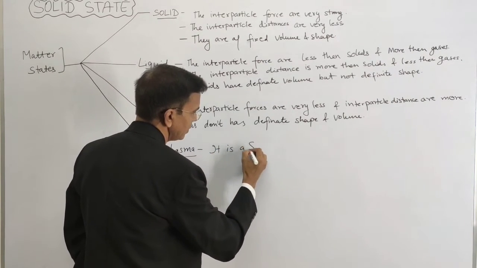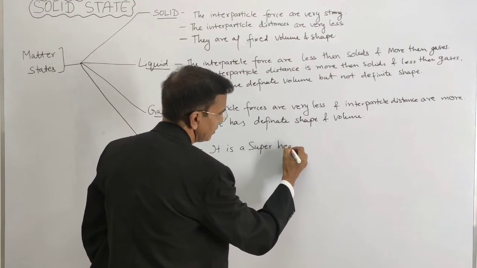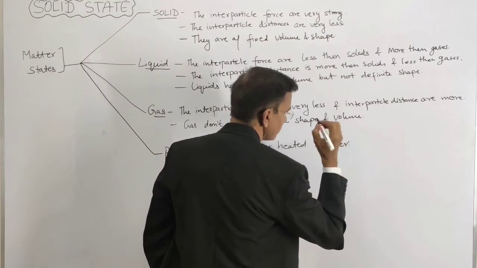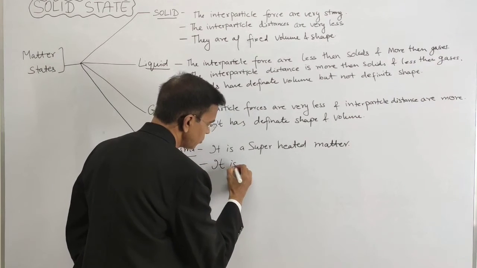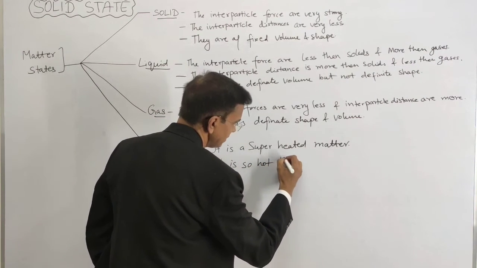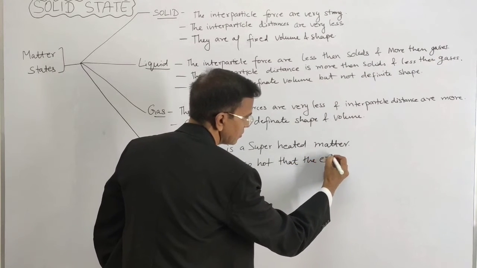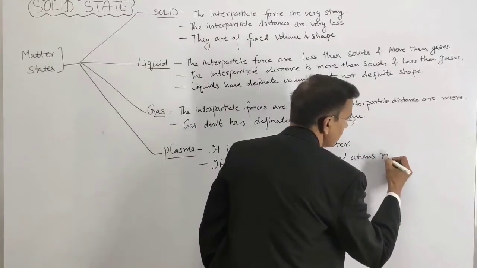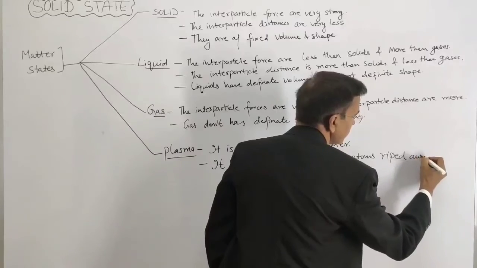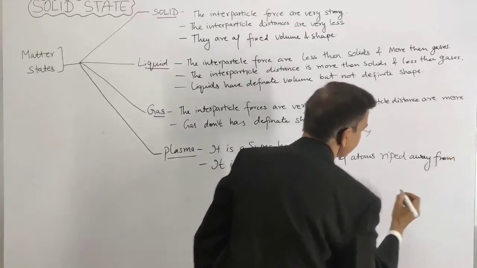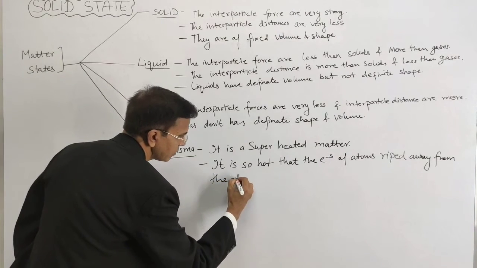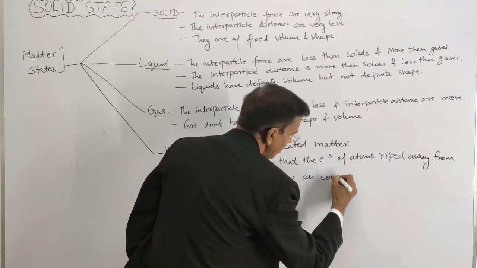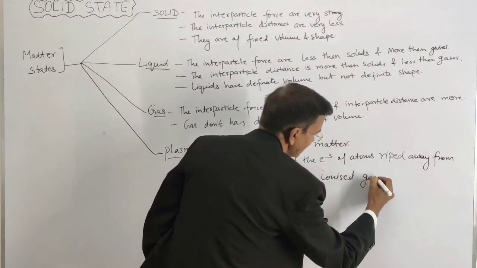It is a superheated matter. It is so hot that the electrons of atoms are ripped away from the atoms, forming an ionized gas.